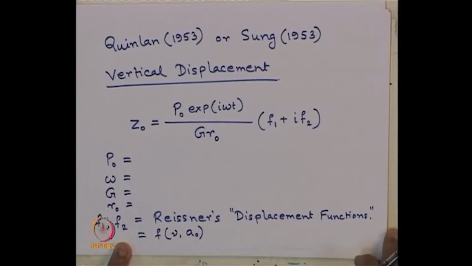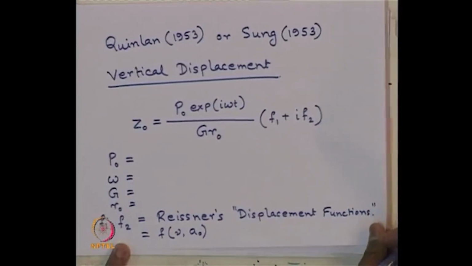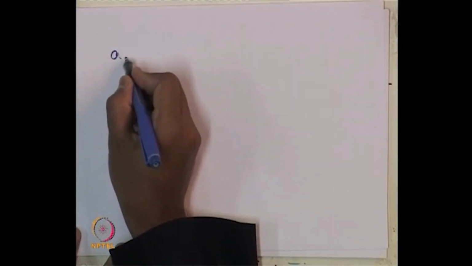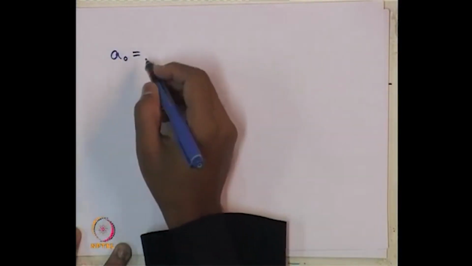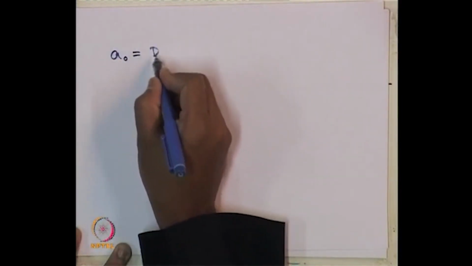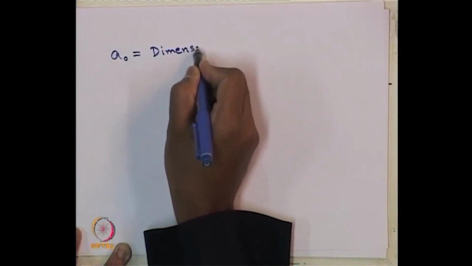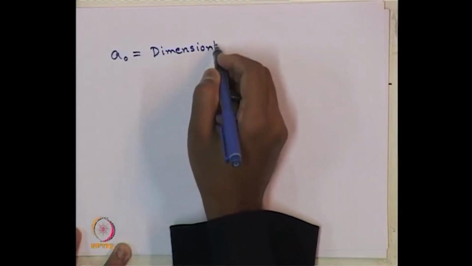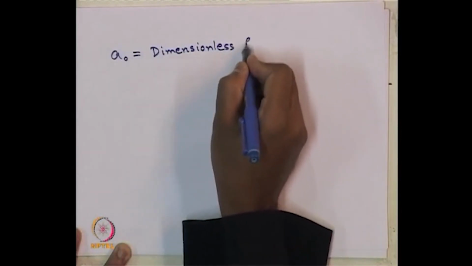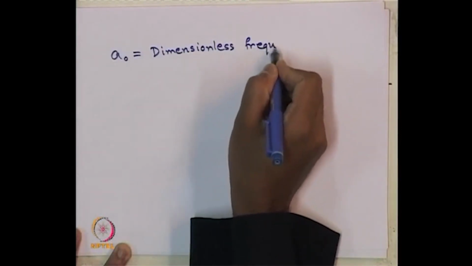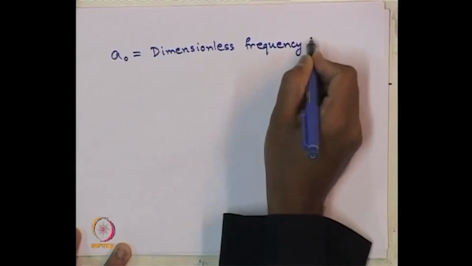What is a naught? Let me define that. A naught is defined by Reisner as a dimensionless frequency term.